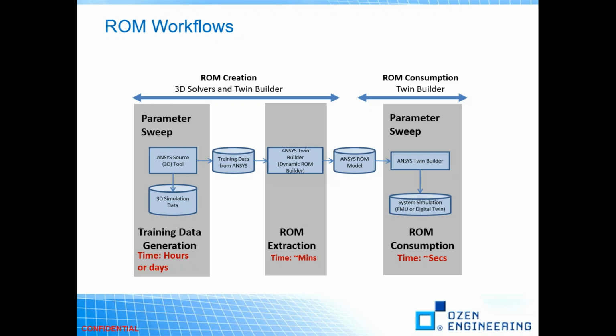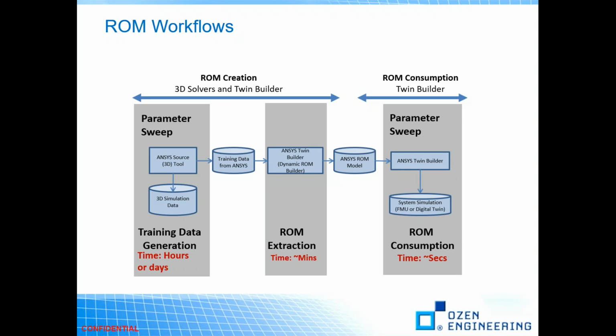We do a regular 3D simulation, and you can also do a parameter sweep on the simulation, specifying different parameters on the input and output. Then you can train the data from ANSYS to TwinBuilder and do the ROM extraction.